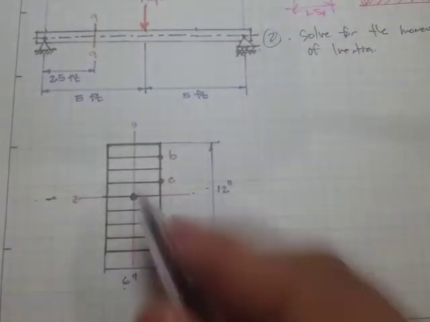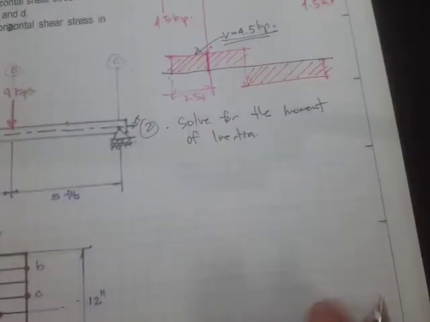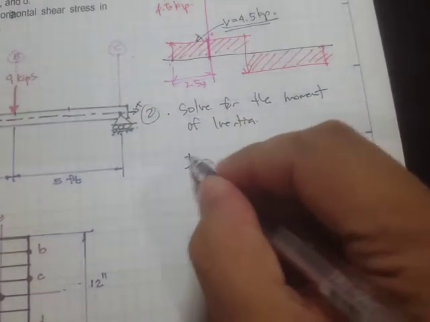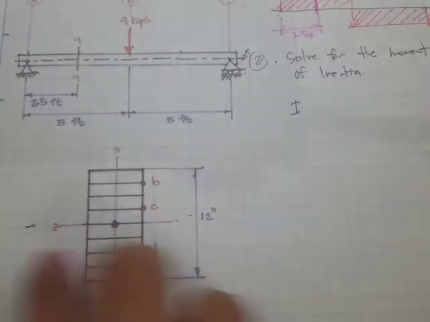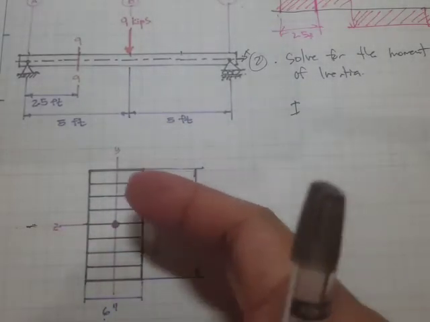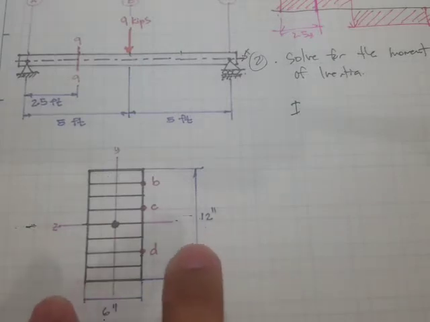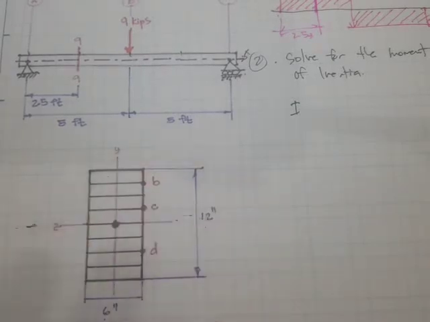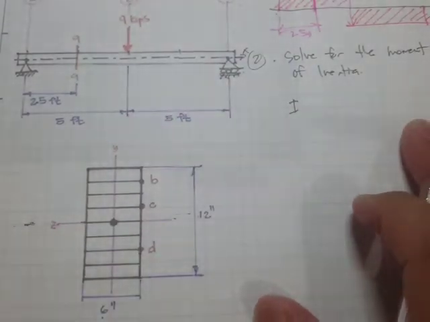So for the moment of inertia, from this cross section, this is Y and this is Z, right? So therefore this will be X, and this is our Y. That means our moment of inertia will be taken along the Z axis, with respect to this given position and axis orientation.